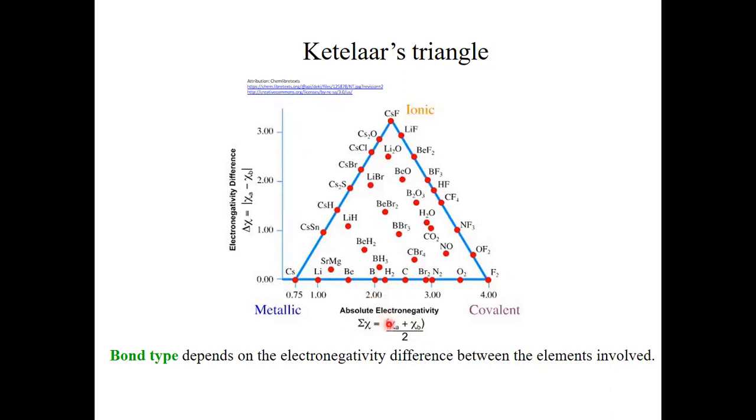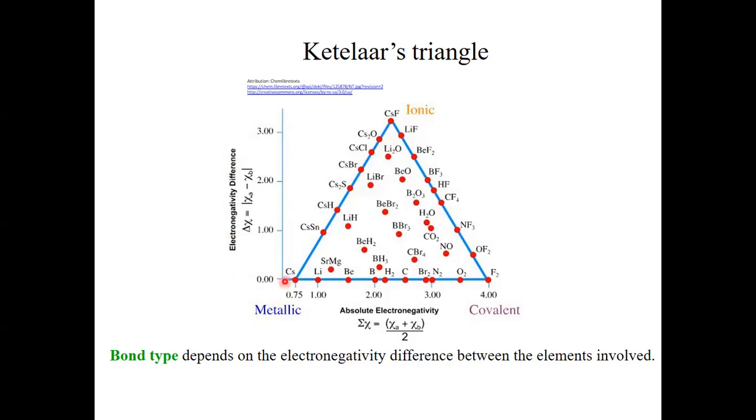It's nothing else but the electronegativity of atom A plus the electronegativity of atom B over 2. And on the y-axis, we have the electronegativity difference between the 2 atoms.